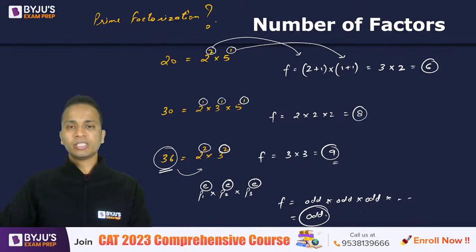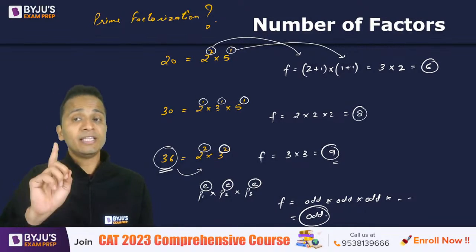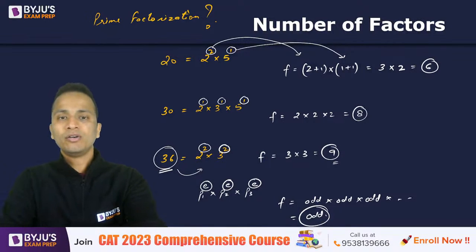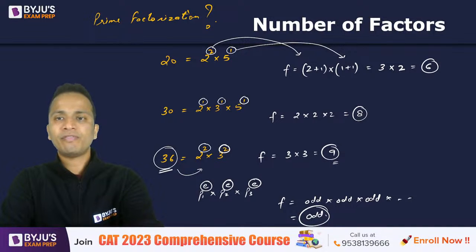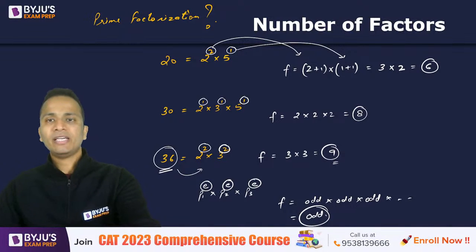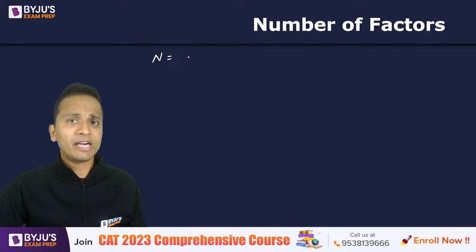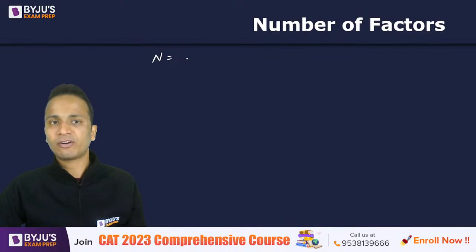Fine. So this is one very important thing, finding the number of factors. If I write the formula for the number of factors, first of all, you have to write the number as the product of prime factors. The first step, prime factorization.